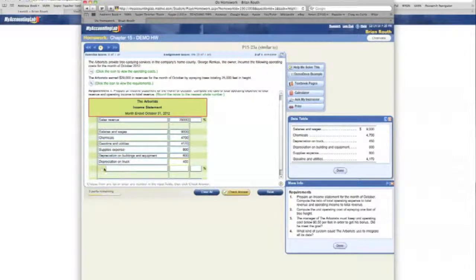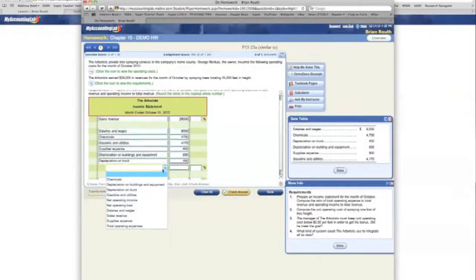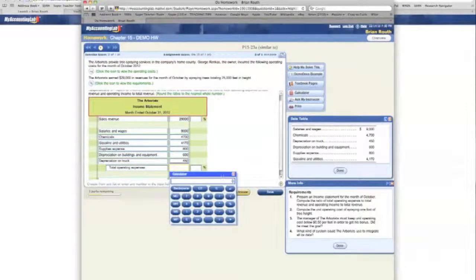You notice this next one is indented a little bit, so we're thinking, okay, they're wanting a total there. So this would be our total operating expenses. So then you would add up your expenses and put that number here. MyAccountingLab gives you some little tools over here in the little toolbox. One of those, and we'll look at each one of these, is a calculator, a little handy tool.